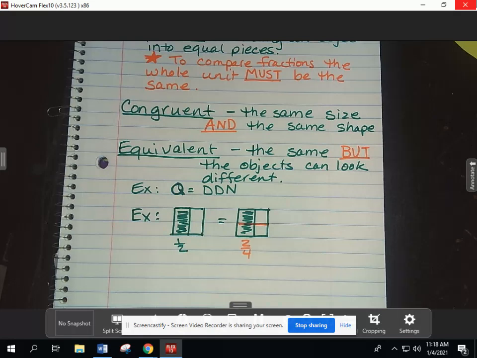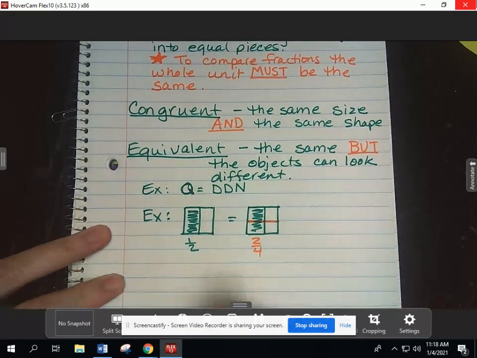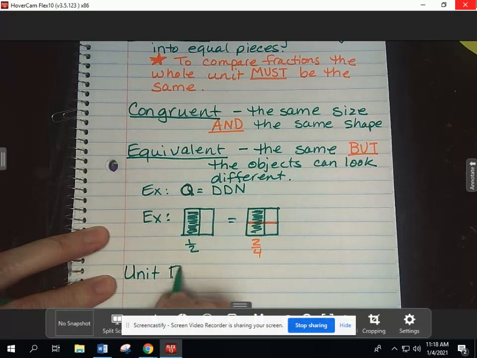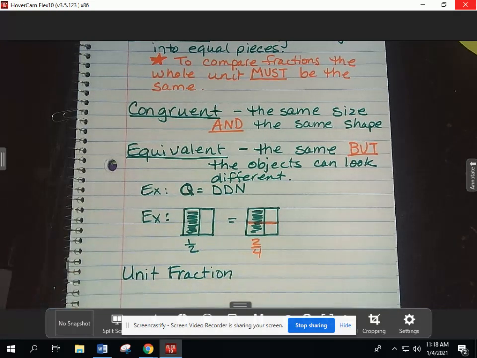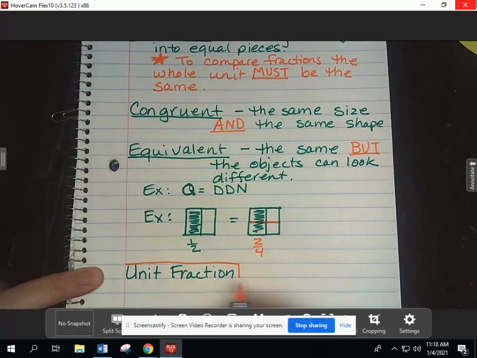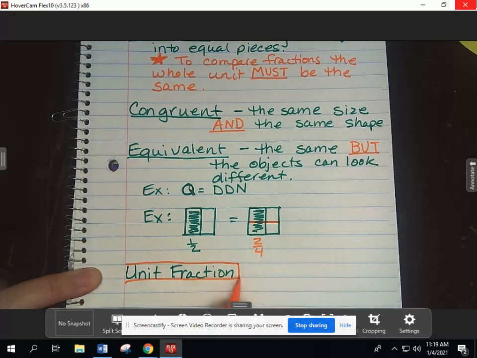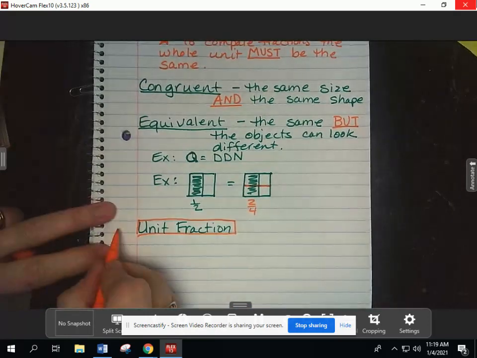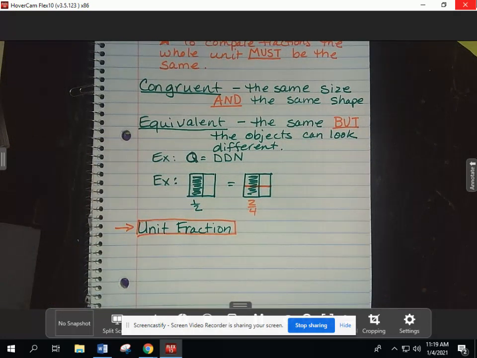Now, going with this, I want to talk about one more word, and that is unit fraction. This was the most important 3rd grade word you needed to learn. And since we are starting with our 3rd grade fractions unit, we're going to really focus on this word.